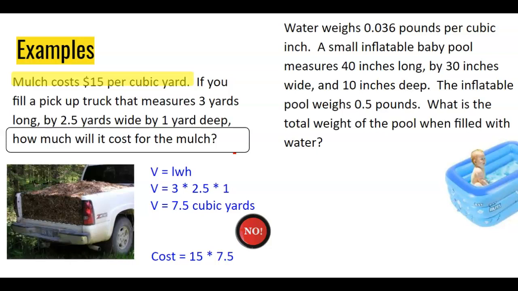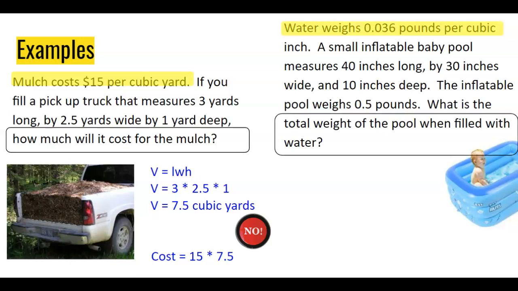What is the total weight of the pool when filled with water? So again, we're talking about filling, so it is a volume problem, but are they asking us for the volume? They're asking us for the total weight, and they also tell us that water weighs 0.036 pounds per cubic inch. So to find the weight, we're going to have to first find the volume.